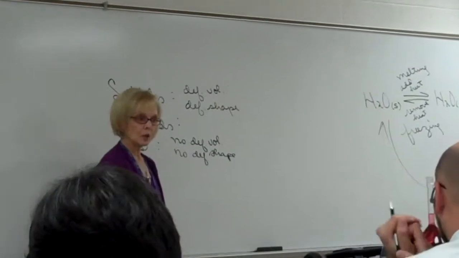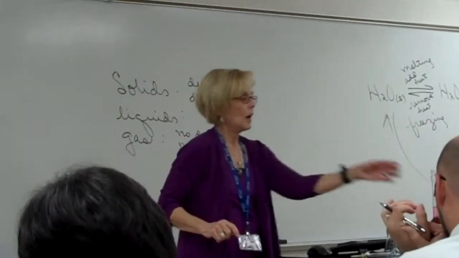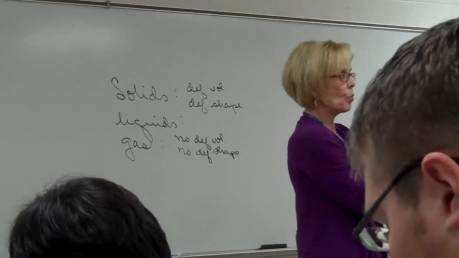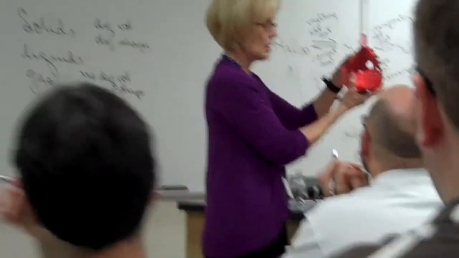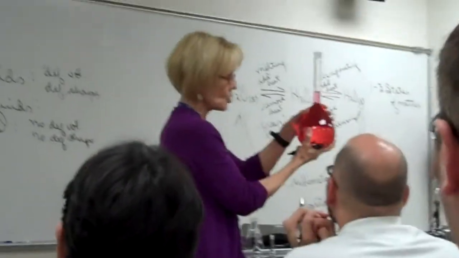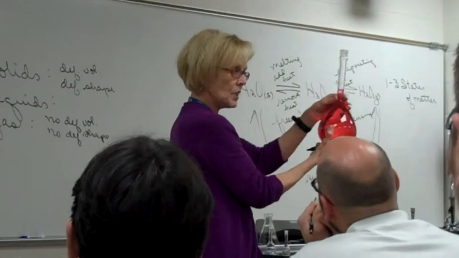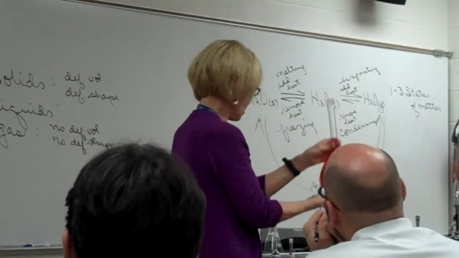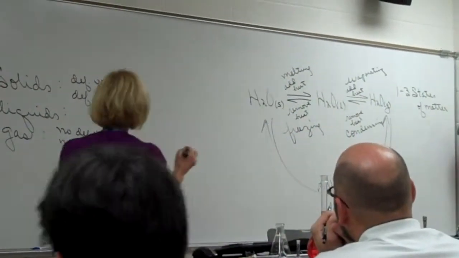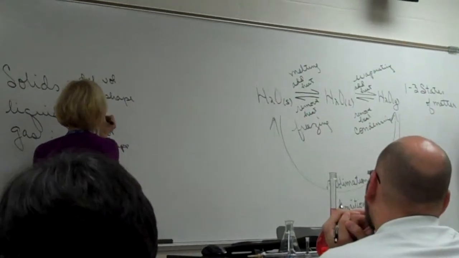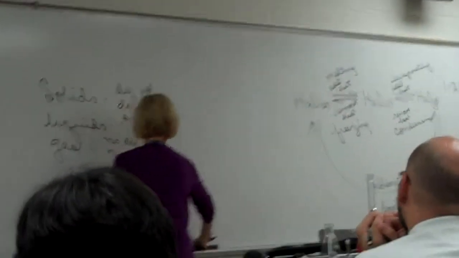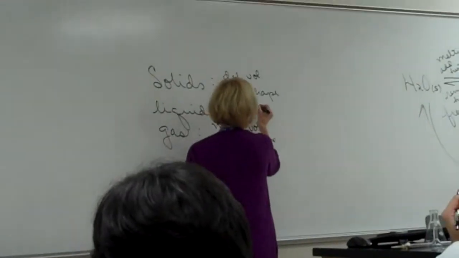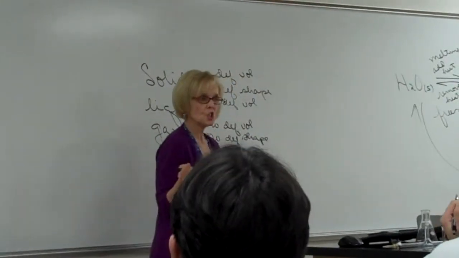Then when we get to liquids, I've got this liquid right here in a 1 liter container. And a liter is just about a quart in the English system. Okay, do I have a definite volume? Sure. So we say liquids have a definite volume, but do they have a definite shape?